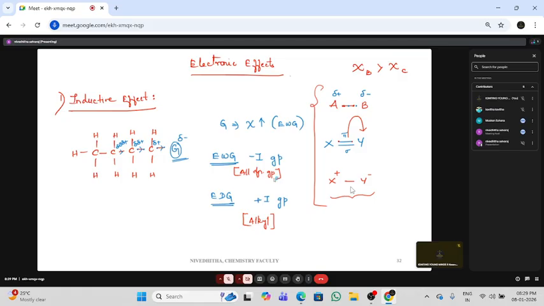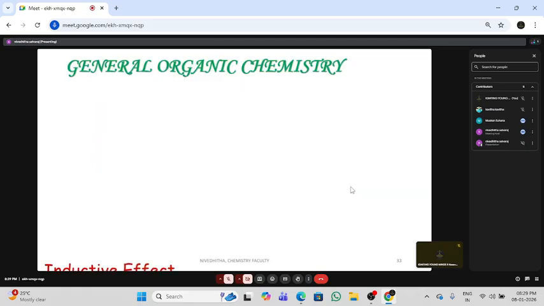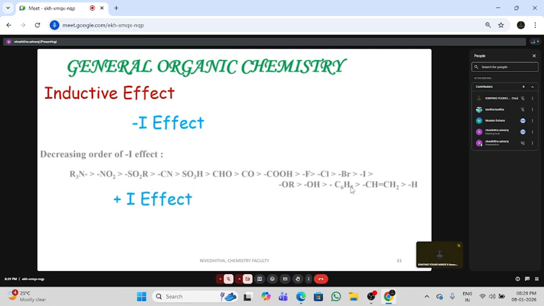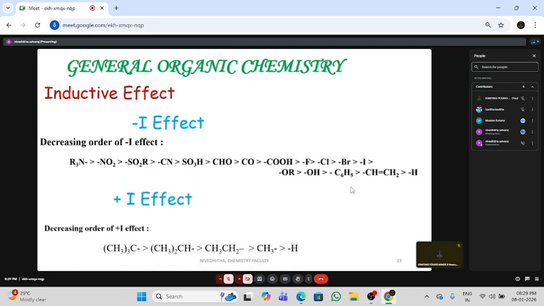Okay. I'll give you the proper order for -I and +I. I'll show you the order. See, here there are so many functional groups, and this is the proper order, Kana.